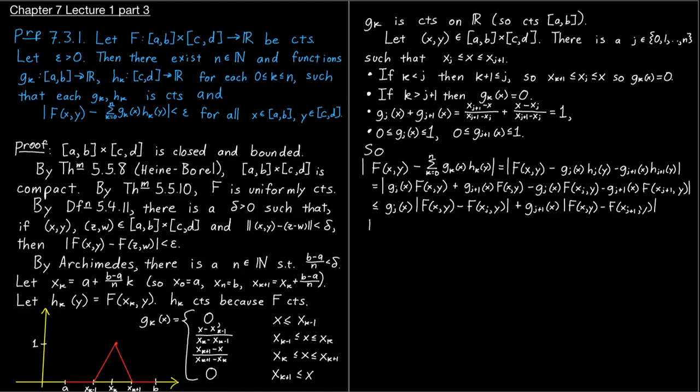But x minus x_j is less than b minus a over n is less than delta. Same for x_{j+1}. So the distance between these points, (x,y) to (x_j,y), (x,y) to (x_{j+1},y), is less than delta.